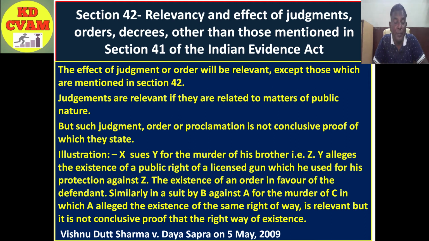Because the situation may be different. So everything has to be considered, the fact in issue and the relevant fact. Now the case law example is Vishnudat Sharma versus Daya Sapra, that is 2009.